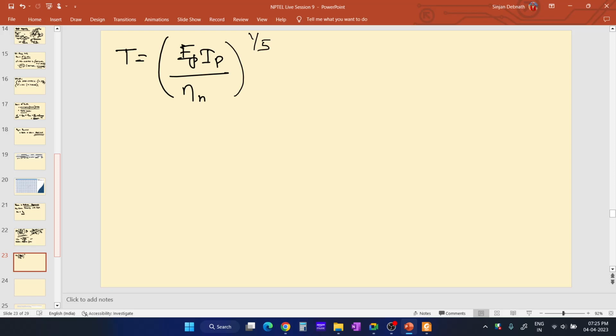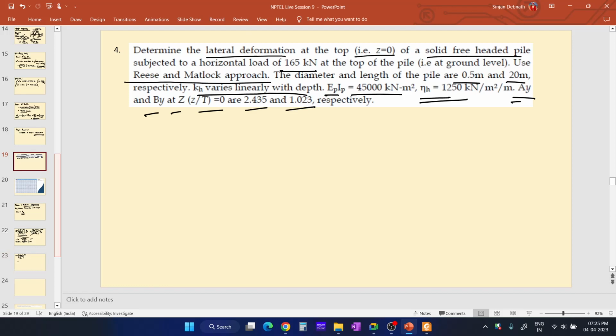How much is EpIp? It is given in the question: the flexural rigidity EpIp is 45,000 kilonewton meter square. Let me write down all the data given in this question.